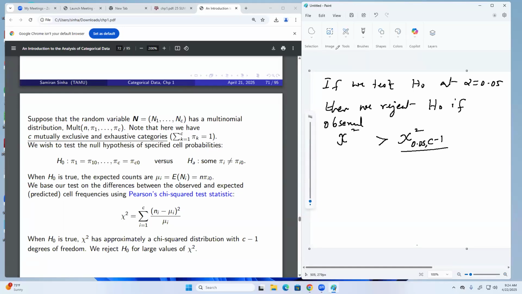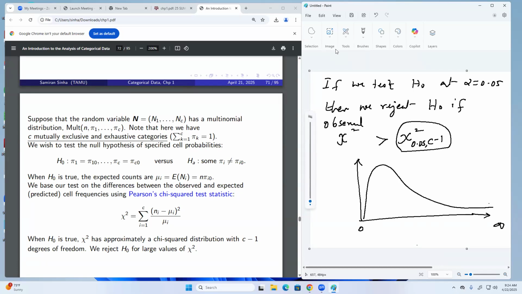What it means, this is the upper fifth percentile. So you think about, this is the chi-square distribution, 0 all the way up to infinity. And if you look at the chi-square density, it looks like this. So this guy is the coordinate value chi-square 0.05 with degrees of freedom C minus 1.